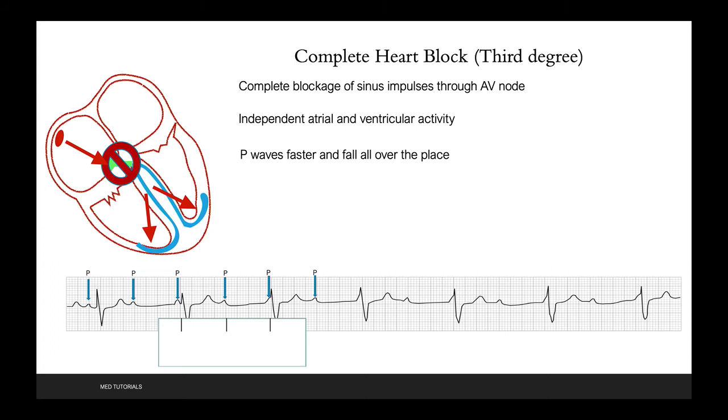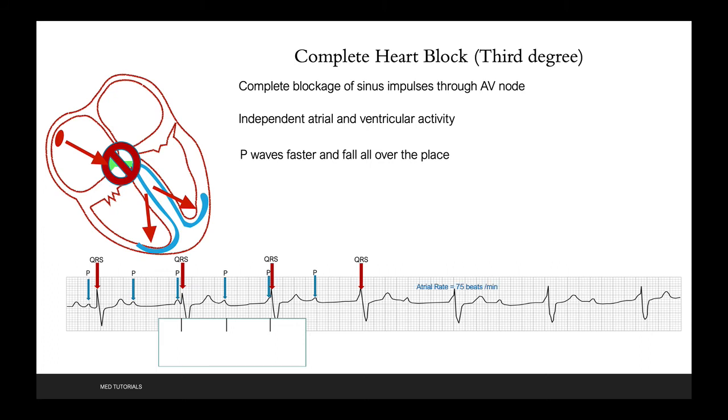Sometimes they're buried in the T wave, sometimes in the QRS, but as you take this card forward you can see that definitely the P waves and the QRS are independent of each other. So there you can see how the P waves are going at their rate and the QRS is appearing independent of the P wave.